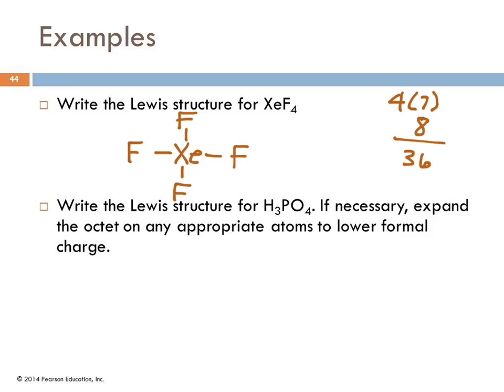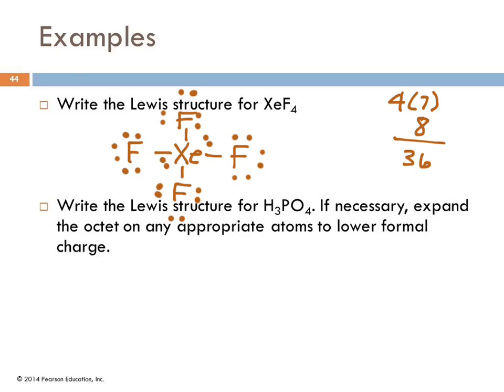So we've got 2, 4, 6, 8, 10, 12, 14, 16, 18, 20, 22, 24, 26, 28, 30, 32. Where are we going to put those electrons? On the xenon. 34, 36.